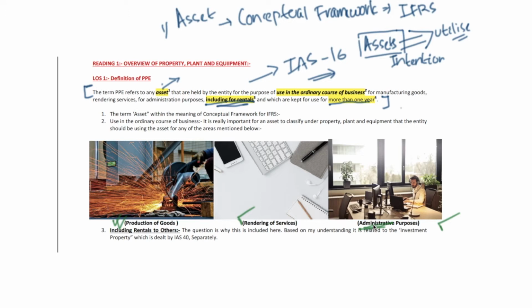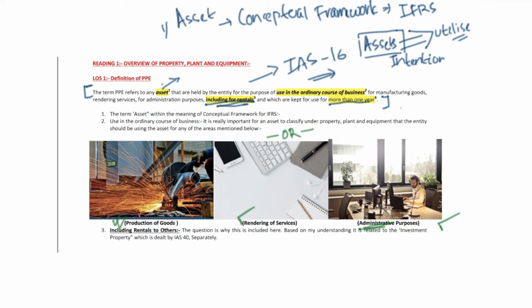Do we need to classify those assets that are there for administrative purposes? Yes. So any asset, first, has to be an asset that is going to be used in the ordinary course of business, which means we are going to use it for the production of goods, rendering of services, or for the administrative purposes.